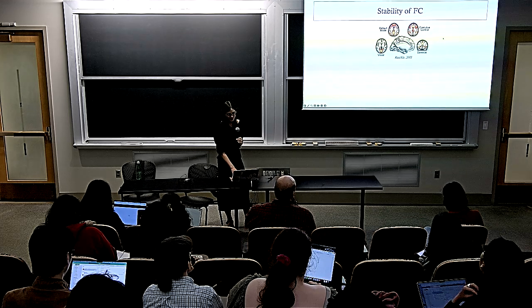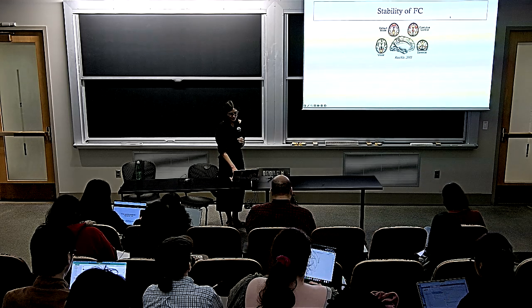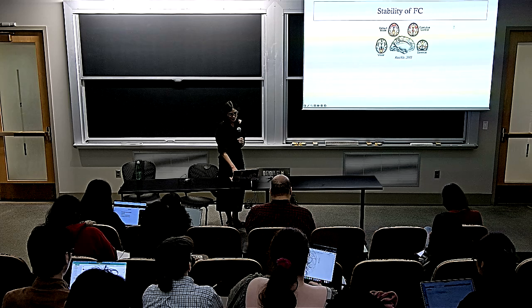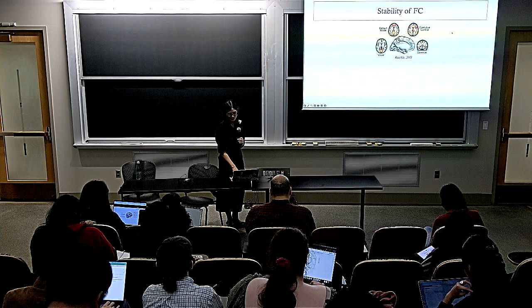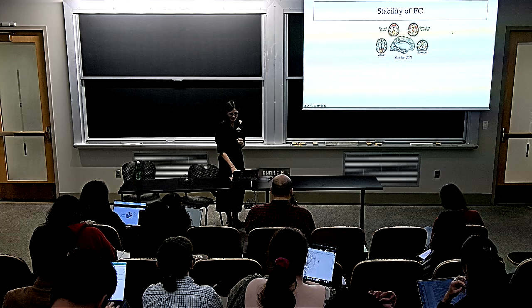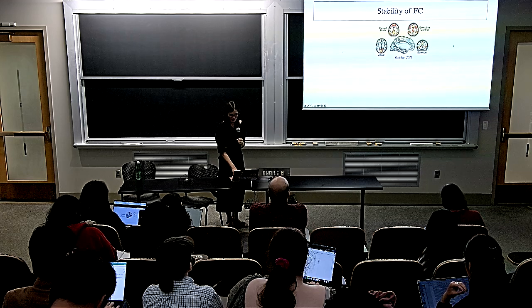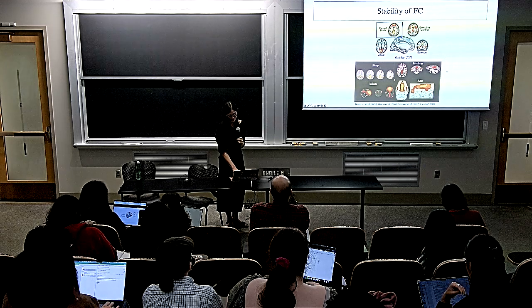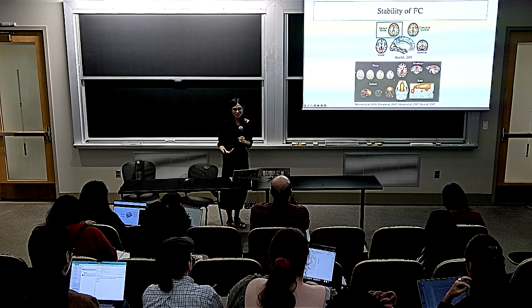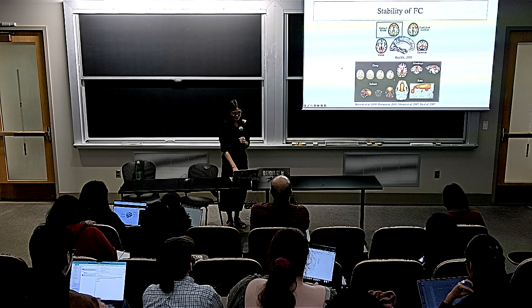So as you've probably heard about quite a bit already, there's a lot of stability in the patterns that can be identified across different people or across many different conditions. If you take the default mode network, for example, you can identify a pattern that looks quite a lot like the default mode network, not only in people who are awake, but you can still find it when people are asleep, although there's some differences.